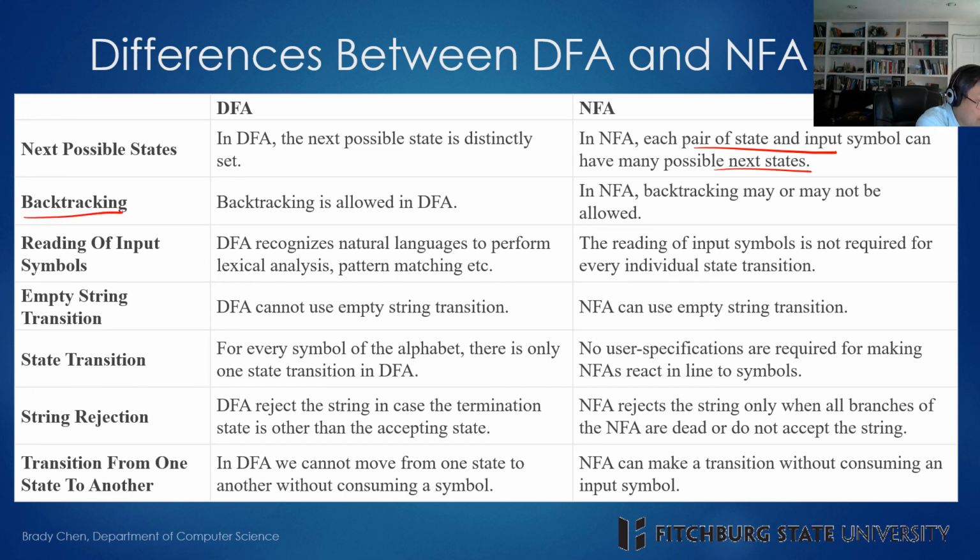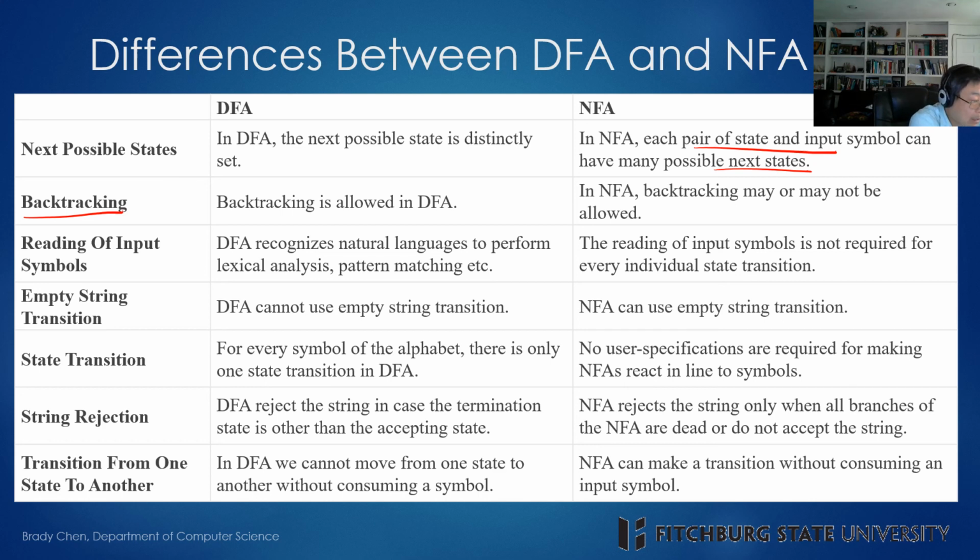And backtracking is allowed in DFA. So that means if the current state is A, then with a certain input the next state is B. And then in state B, for a certain input, we can go back to the previous state. In NFA, backtracking may or may not be allowed.